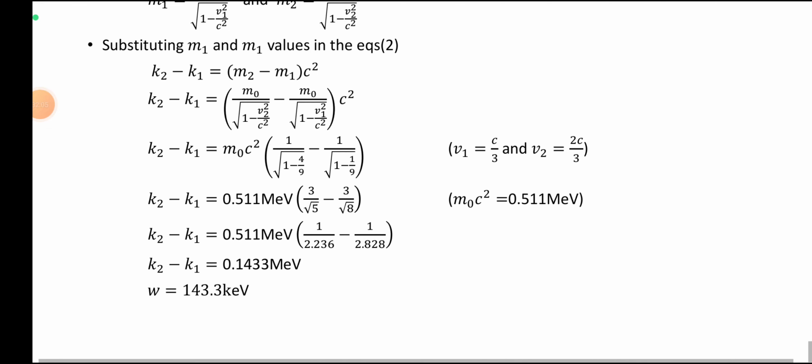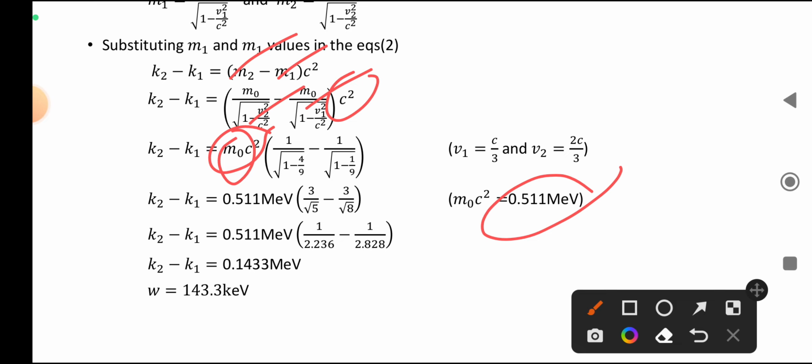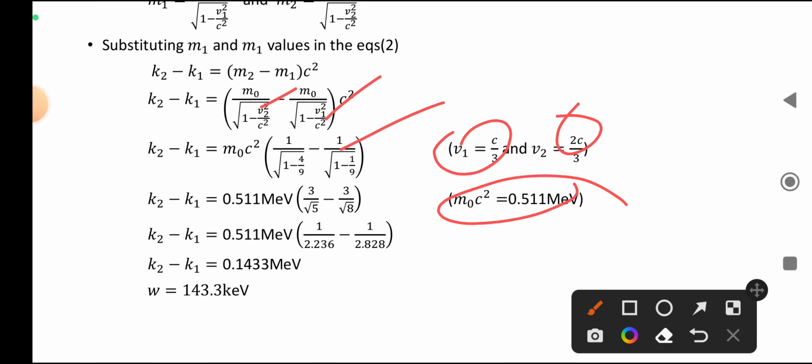Then m naught and c square are taken outside. Its value we know already, and v1 and v2 are also given. Substitute them and simplify. After simplification, what do you get? This much. So finally, what is the work done?